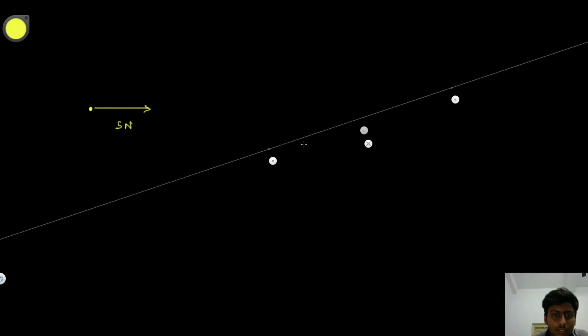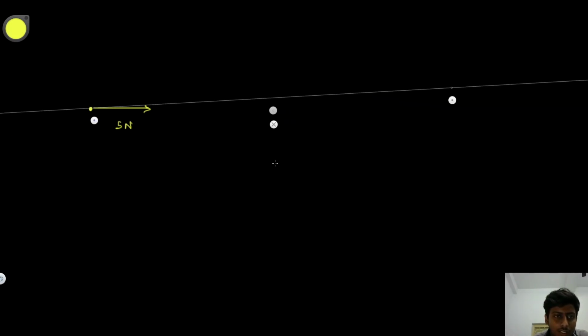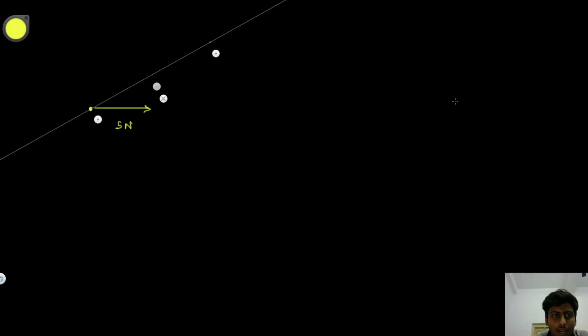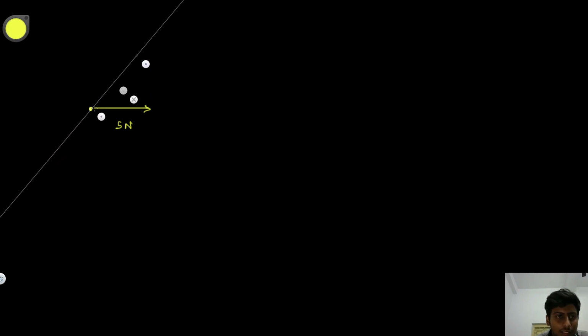Now one force is acting in the horizontal direction, and its magnitude is 5 newtons. And now I have another force which is acting at an angle of 60 degrees. Its magnitude is also 5 newtons, right? And here is the particle. This is the particle on which it is acting.